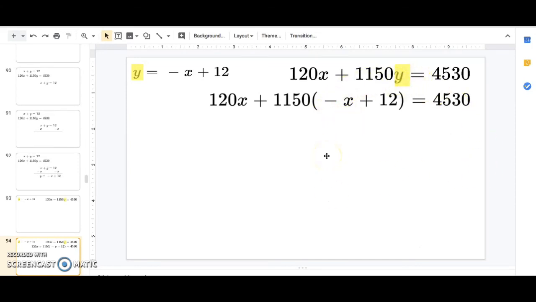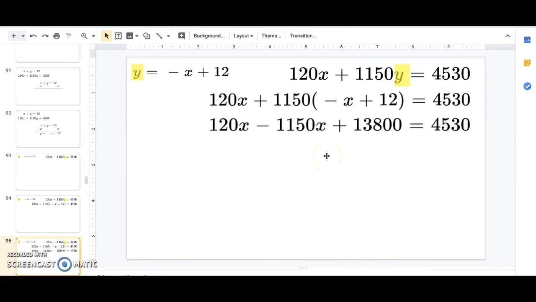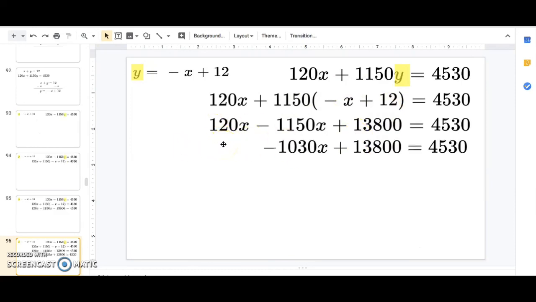I distribute the 1,150 and I get negative 1,150x plus 1,150 times 12, which is 13,800. Now I combine my like terms here and I'll get negative 1,030x plus 13,800 equals 4,530.